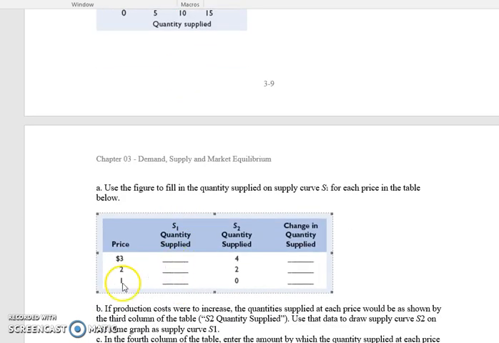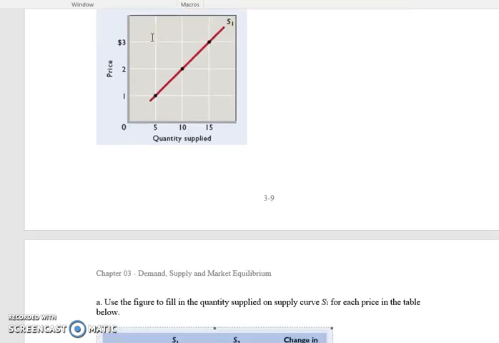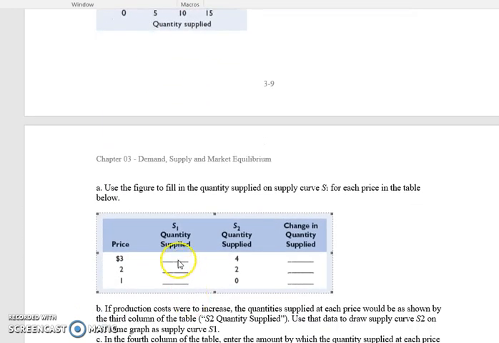And then price is $1, and you know from the S1 supply curve that supply will be 5. So we put it here, and then what happened? For S1 we have the quantity supplied, and you have S2, and then on the right hand side we have to put the change in quantity supplied.